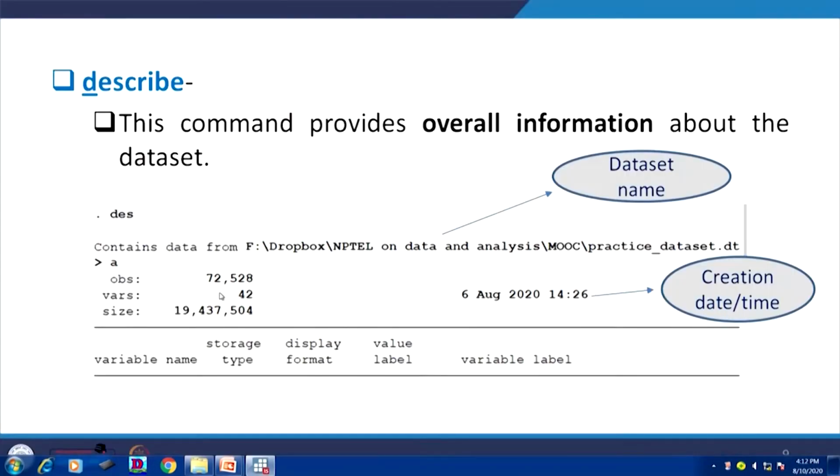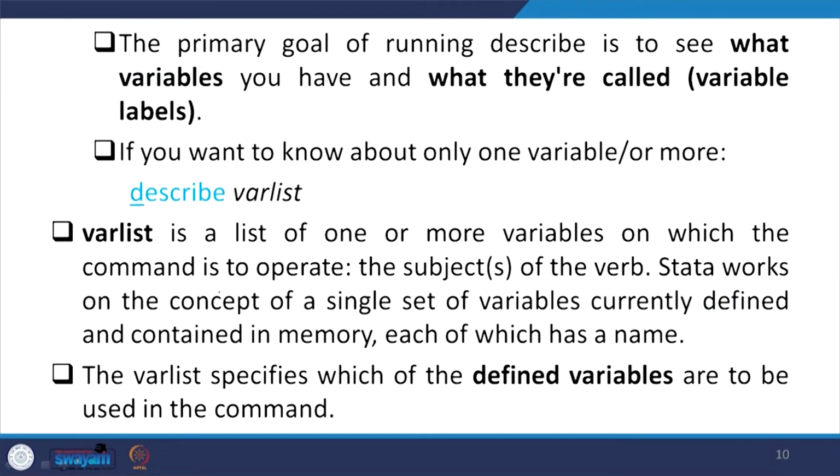Let me proceed. All right. Even the data set name, as I already told you, with its location directory or the file name is clearly highlighted here, okay. Now, the primary goal of running describe is to actually find what variables you have and what they are called, the variable labels, as I already guided you.